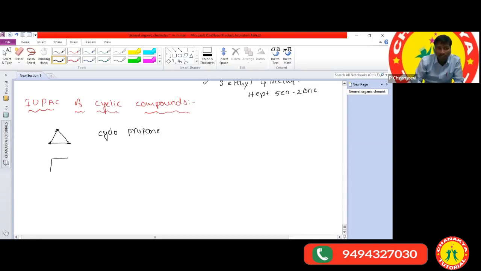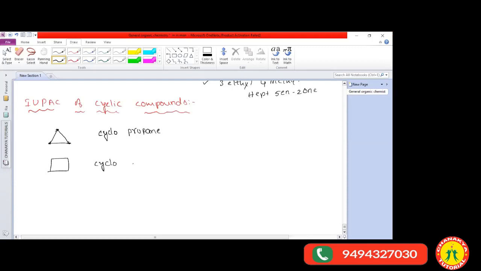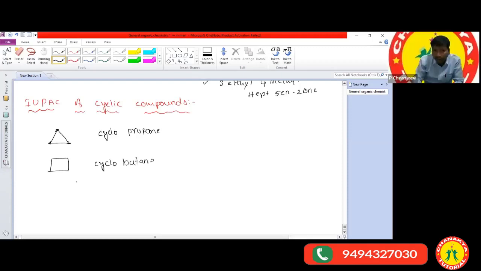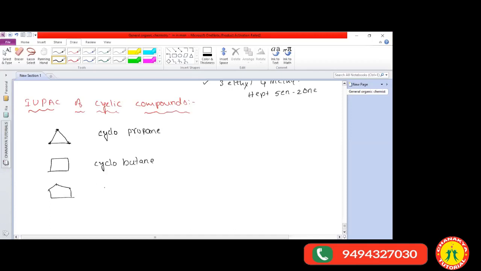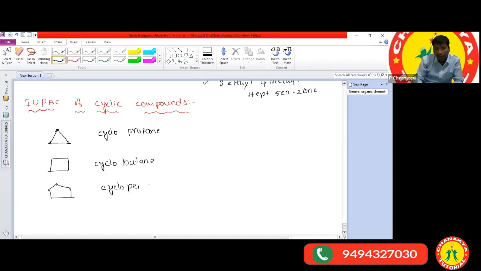For example, if I write like this, what is the name of this one? Cyclobutane. Very good. If I write like this, cyclopentane. Very good. 5 carbon atoms means that we can write it as cyclopentane.